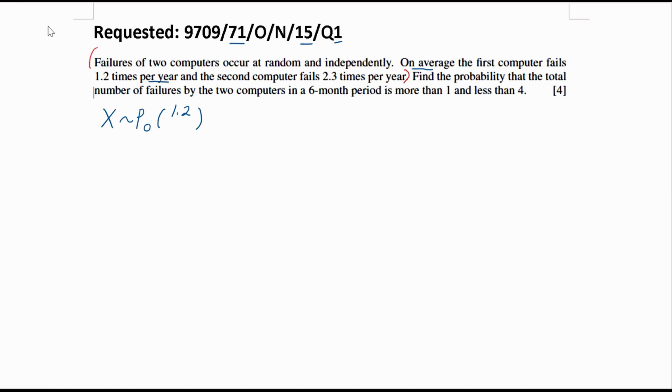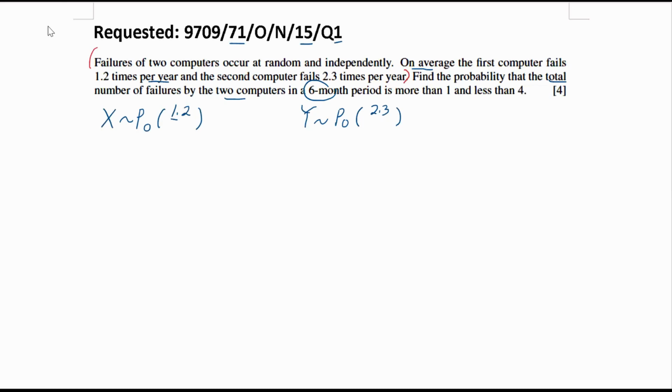At the same time, the second computer, let's say we label as Y, also follows a Poisson distribution. So the number of failures is a Poisson distribution with a mean of 2.3, the constant mean rate of 2.3 times per year. But in order to answer the question, find the probability that the total number of failures by the two computers in a 6-month period, we need to find the constant mean rate for a 6-month period.